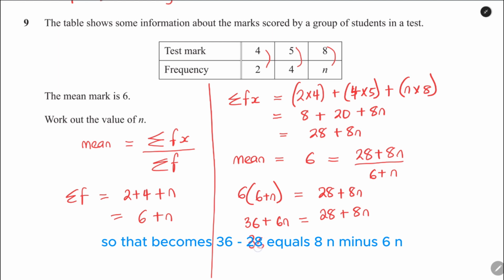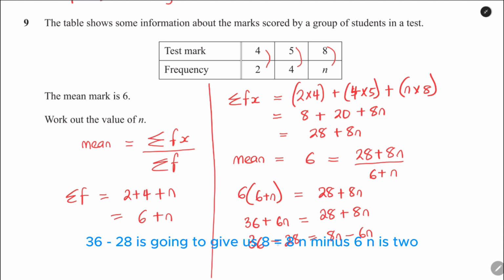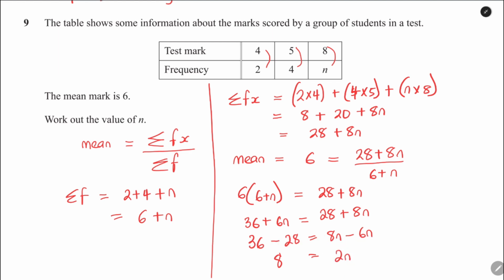So that becomes 36 minus 28 equals 8n minus 6n. I have collected like terms. 36 minus 28 is going to give us 8, equals 8n minus 6n, which is 2n.